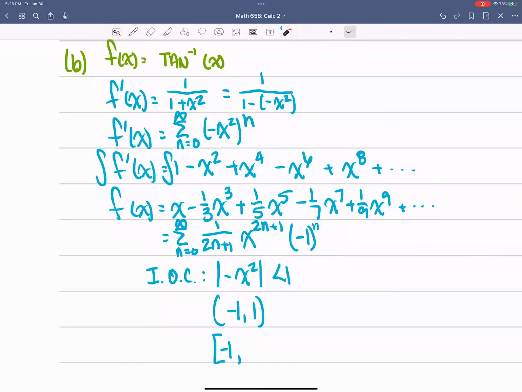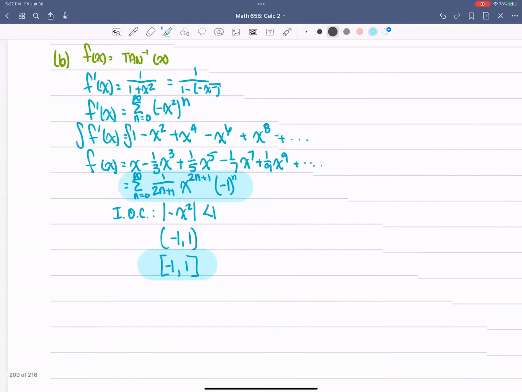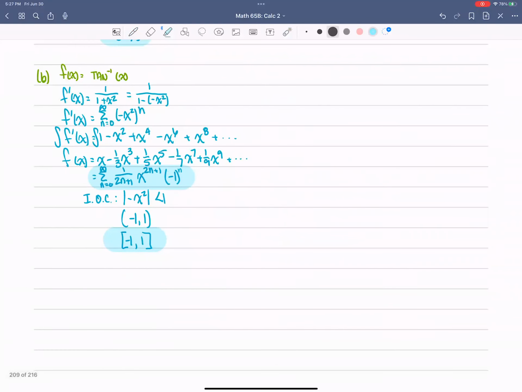And also when x is equal to +1, we're also converging at that point too. And there we go. So this is our infinite sum and our interval of convergence.